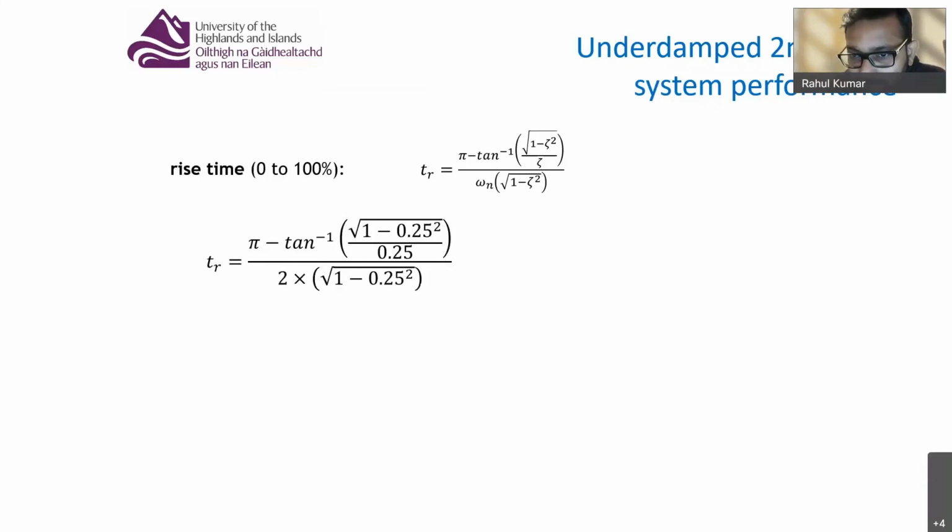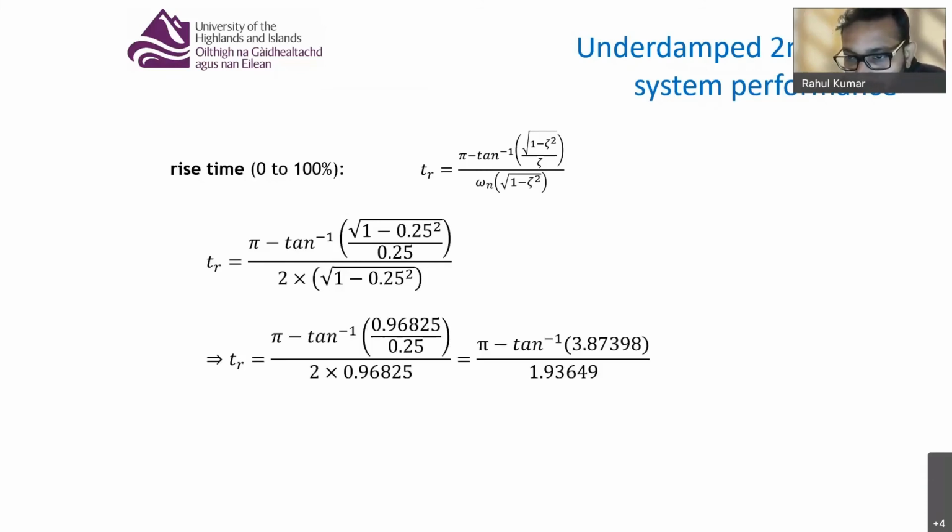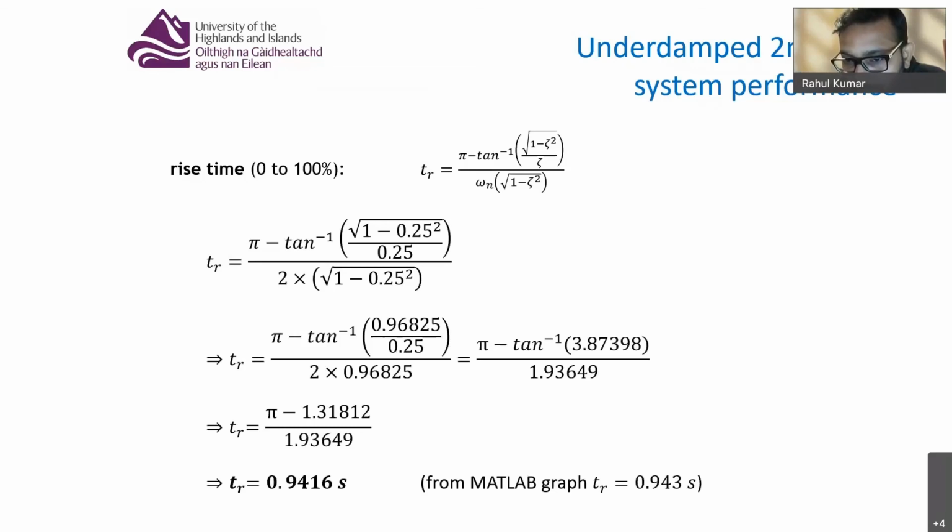So I've simply substituted the values. If you carefully calculate, you would end up getting 0.9416. Since TR is your rise time, its unit will be seconds.